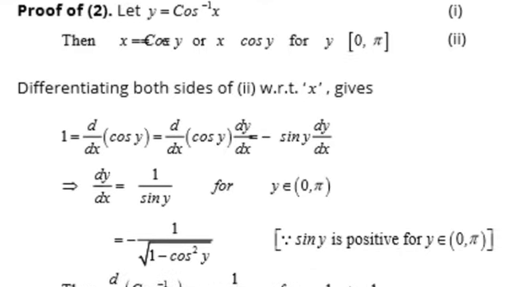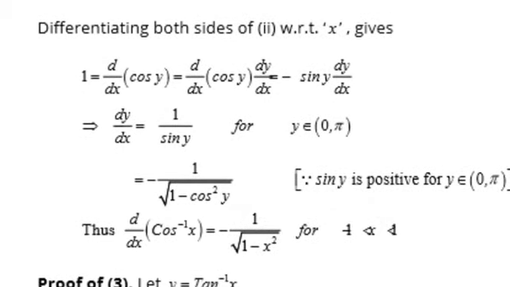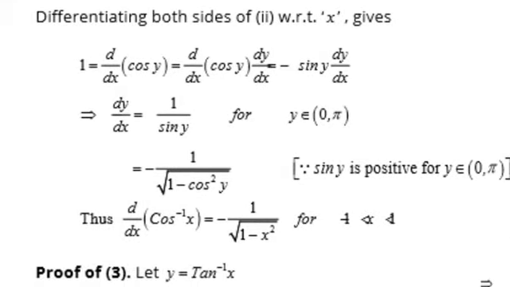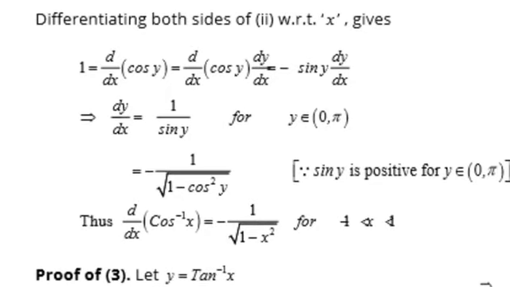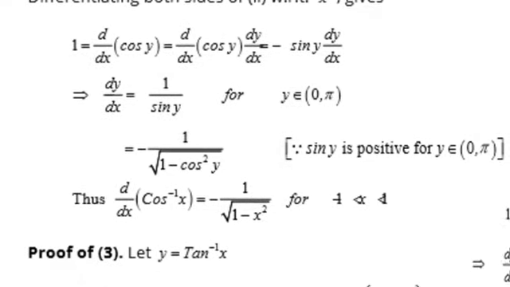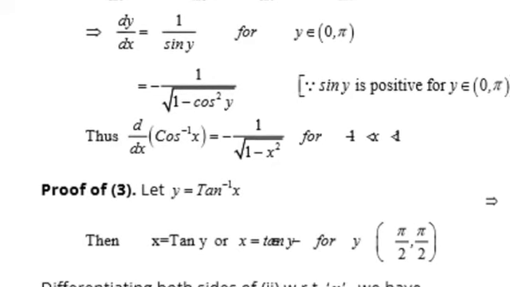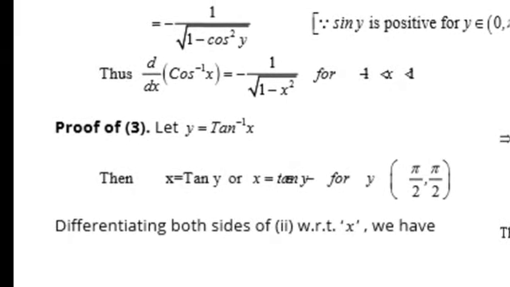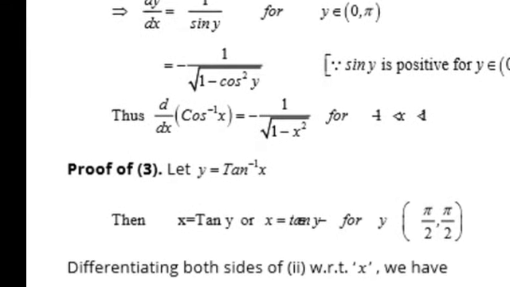We can write sine y equal to the square root of 1 minus cos square. Again, by the property sine square plus cos square is equal to 1, sine square is equal to 1 minus cos square. And cos y is equal to x.